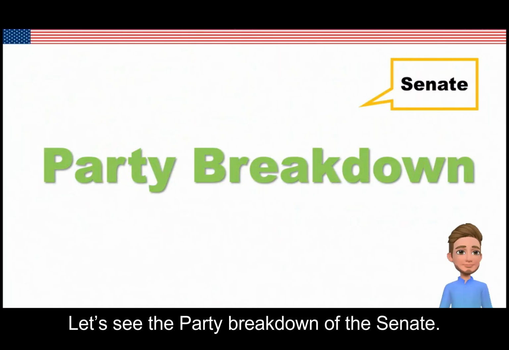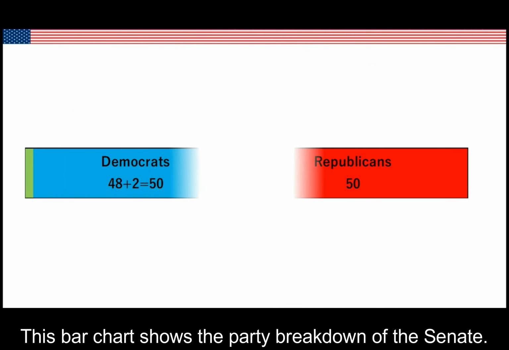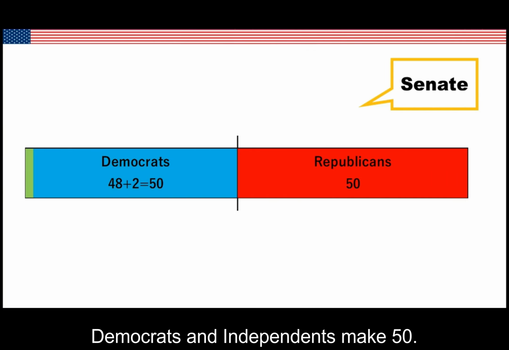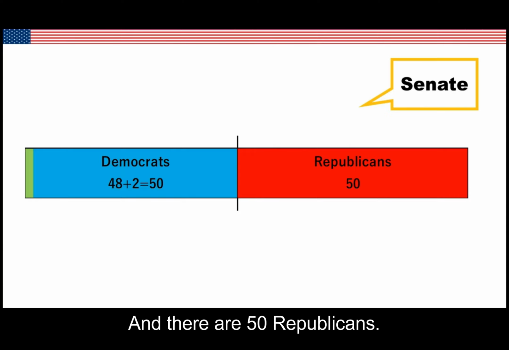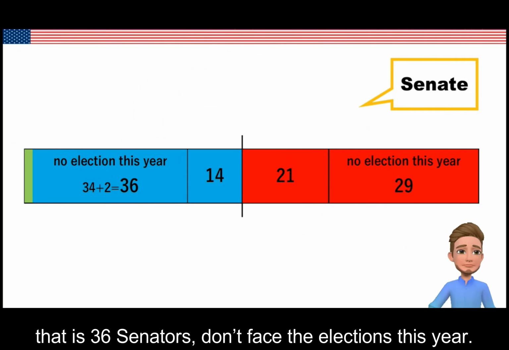Let's see the party breakdown of the Senate. This bar chart shows the party breakdown of the Senate. Democrats and independents make 50. And there are 50 Republicans. But 34 Democrats and 2 independents, that is 36 senators, don't face the elections this year.